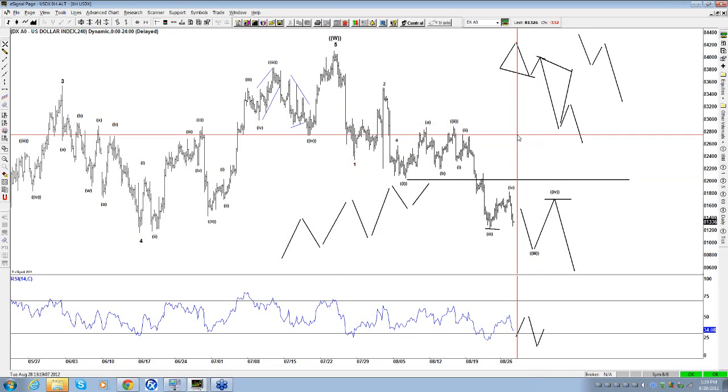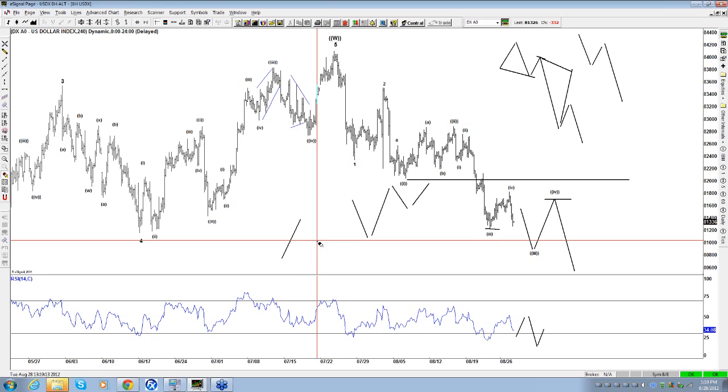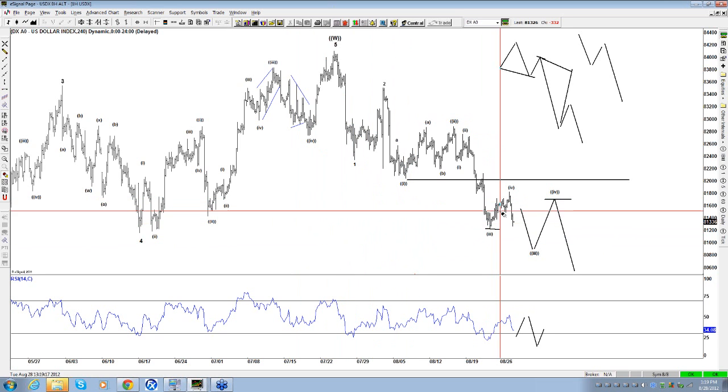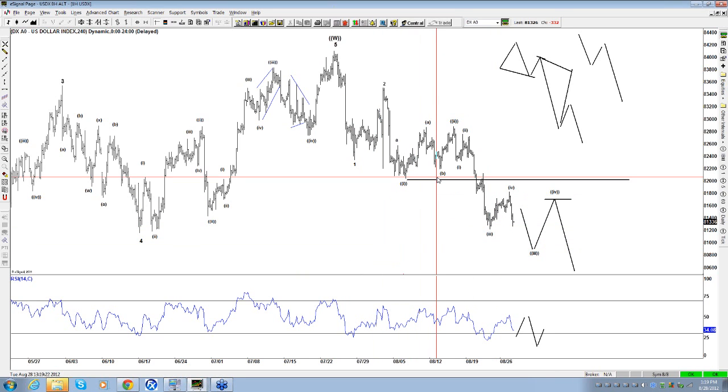So I tend, yes, Louis, I tend to lean or be leading in order of that impulse. It looks better if this low is taken. You agree, right? I think it looks much better.